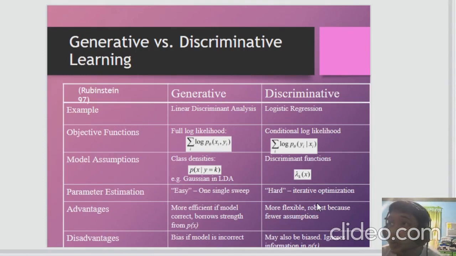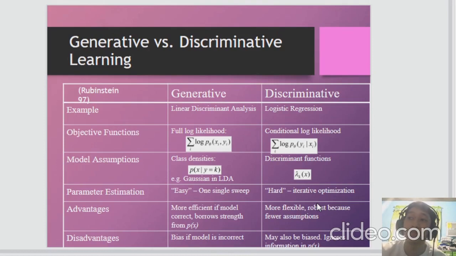Generative versus discriminative learning. Generative example, linear discriminant analysis; logistic regression naman kay discriminative. An objective function kay generative is full log likelihood, kay discriminative is conditional log likelihood. Model assumption kay generative, class densities; kay discriminative, discriminant function.